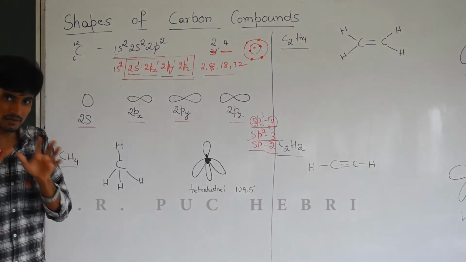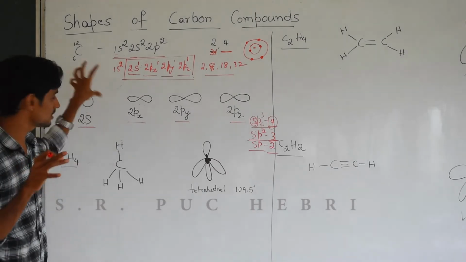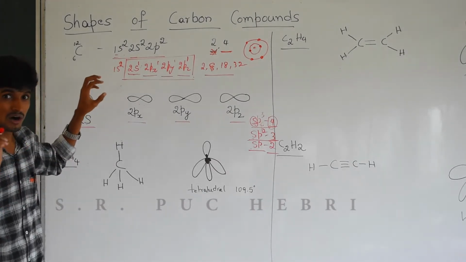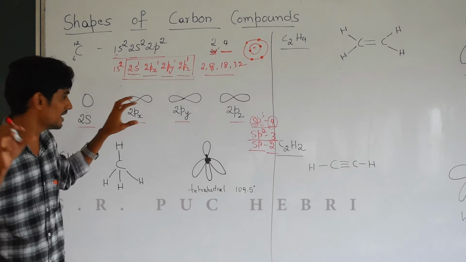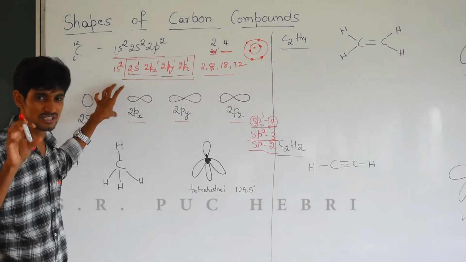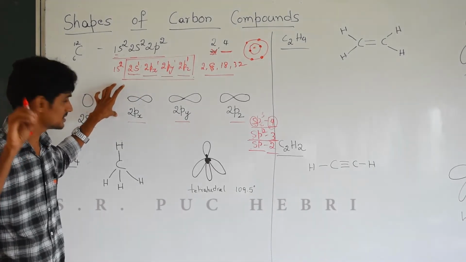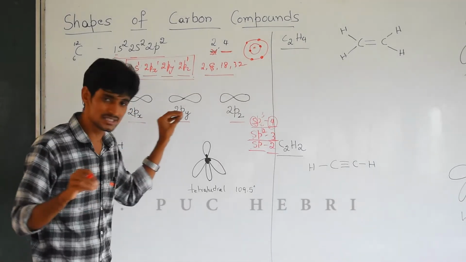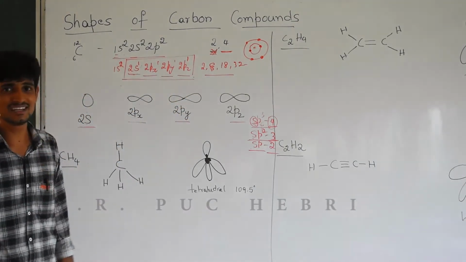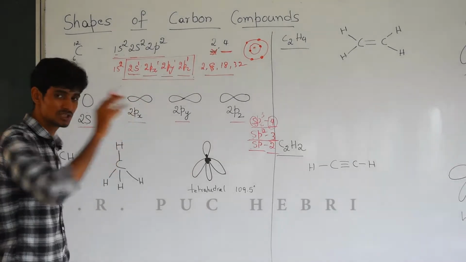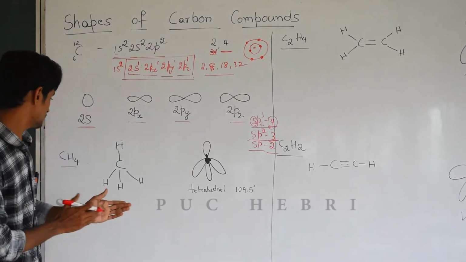So now I have explained only about this carbon, and only the part necessary for the concepts of hybridization here. You are going to study these hybridizations in detail in another chapter.